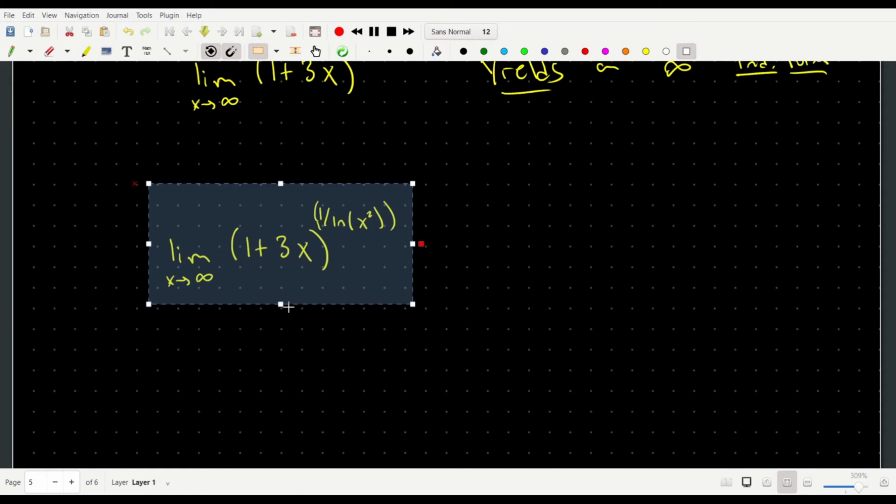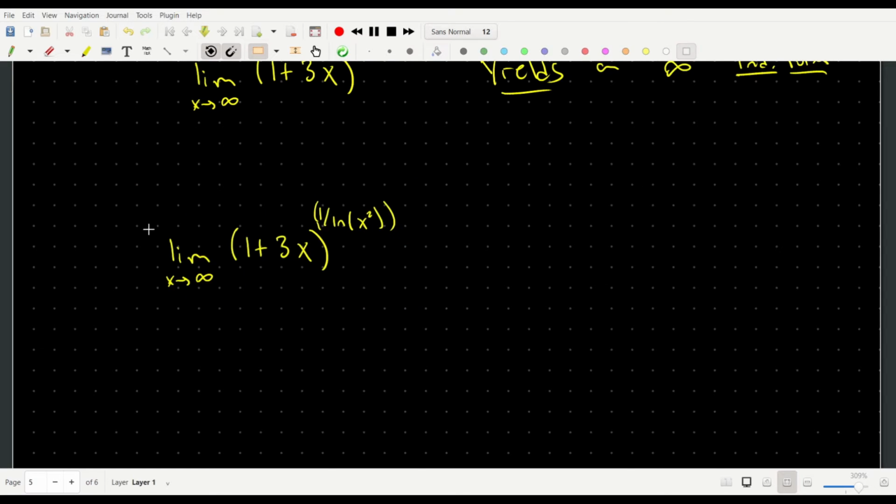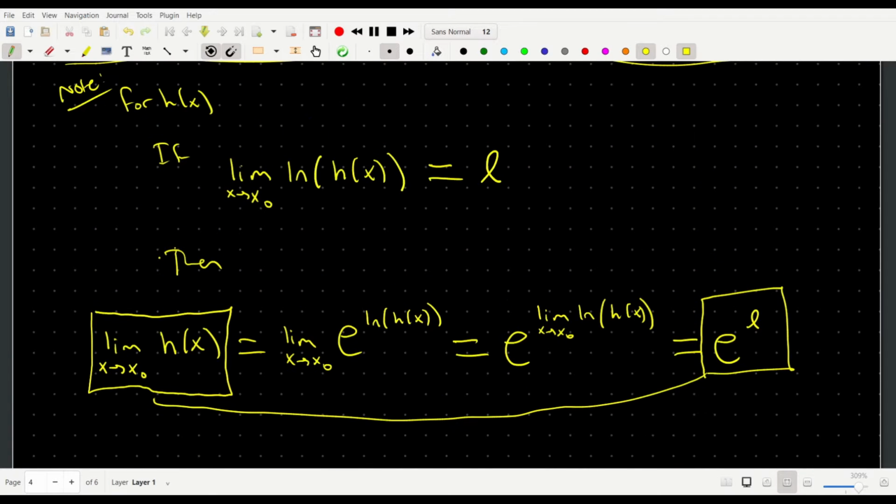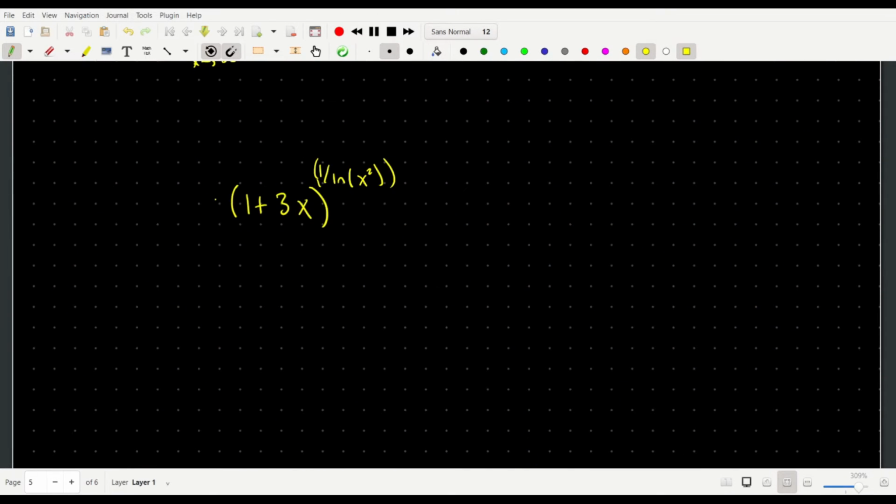And so to deal with this, immediately what we want to consider is the natural log of the thing we're taking the limit of, and make sure that that limit exists. And if it does, based on the previous note, we'll directly be able to evaluate the limit. So take the natural log of this expression right here.